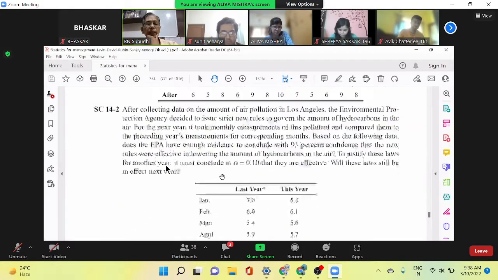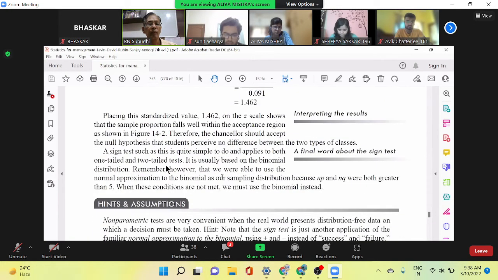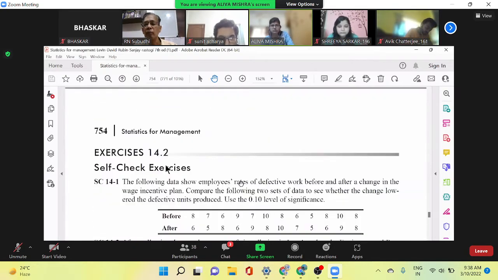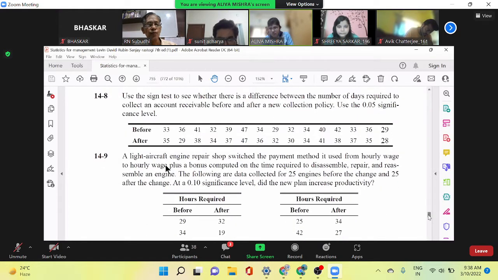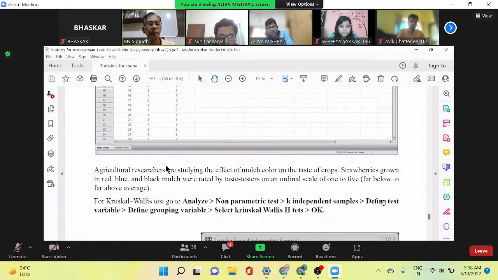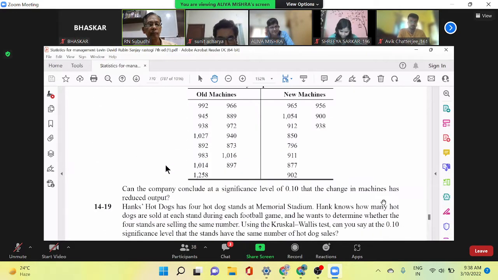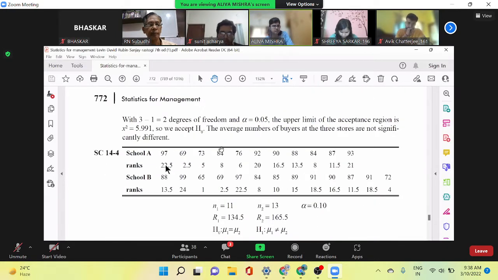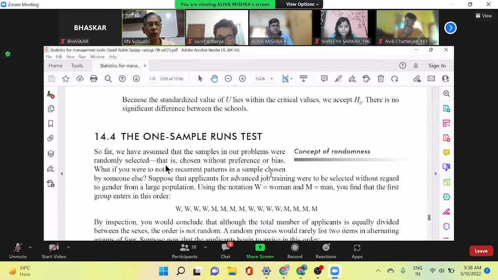Actually, soft copy and printed book page numbers are different. Aliva, page number 772. Somebody is saying 772. Look, here, slow. Now here it comes.